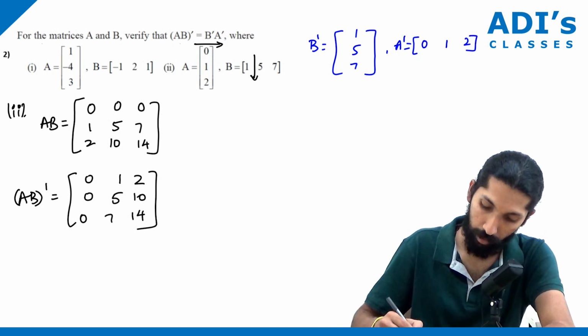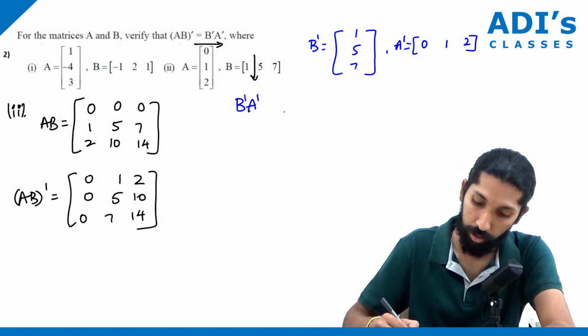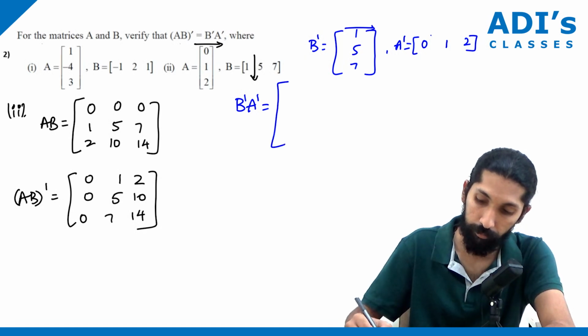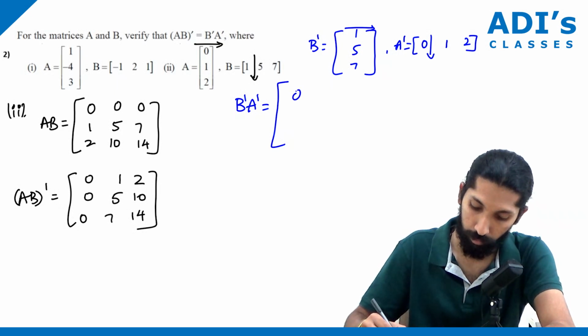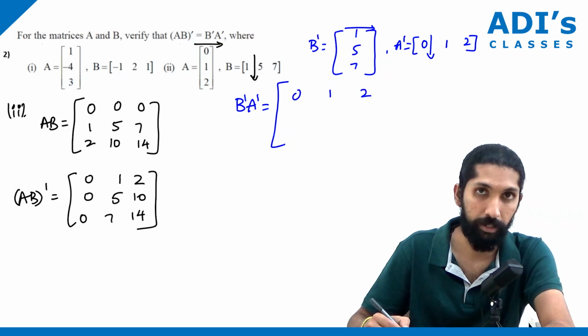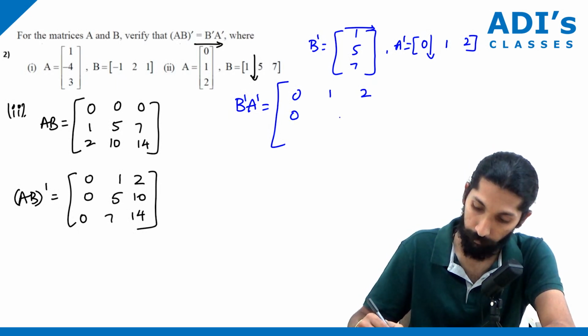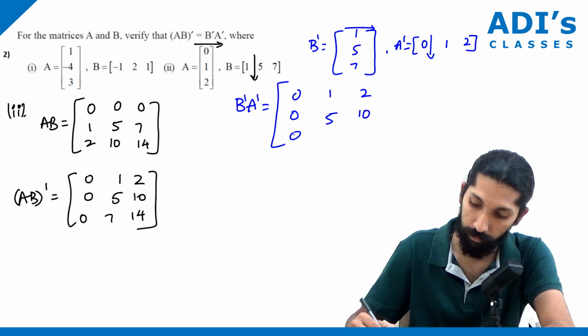Correct? So now we are doing B transpose into A transpose, which is nothing but here we have to do row column. Correct? 1 into 0, 0, 1, 2. Correct? 5 into 0 is 0, then 5, then 10, and 0, 7, 14.